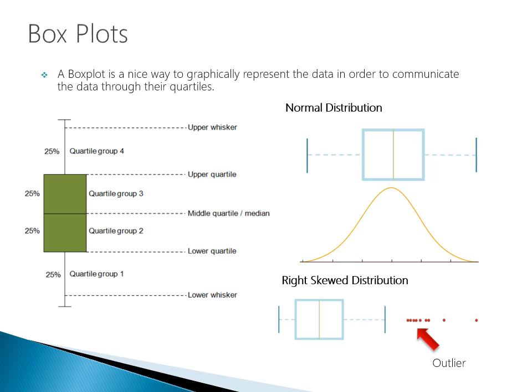A very long whisker to the right-hand side, and then data points that are beyond that whisker. And those points essentially are outliers because they fall outside of the fourth quartile group. So when we're looking at different distributions, the shape of the box and whisker plot can be used as a nice gauge.